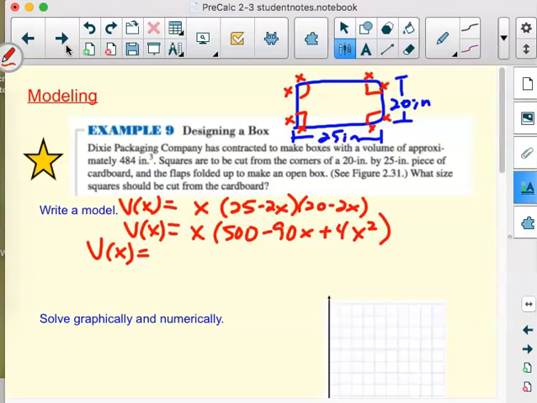So I'm going to have the highest power first. So x times 4x squared would be 4x cubed. x times minus 90x will be minus 90x squared. And then x times 500 would be plus 500x. So here's our model, minus one piece. And that last piece is, they did tell us they want that volume to be approximately 484.